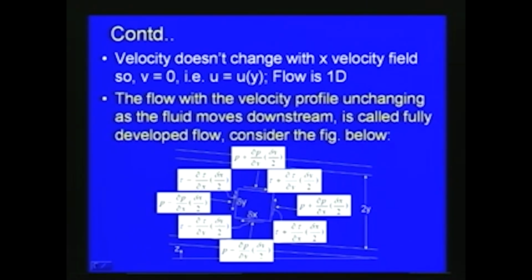Similarly, on this face the shear stress is tau minus del tau by del y into delta y by 2, and here tau plus del tau by del y into delta y by 2.